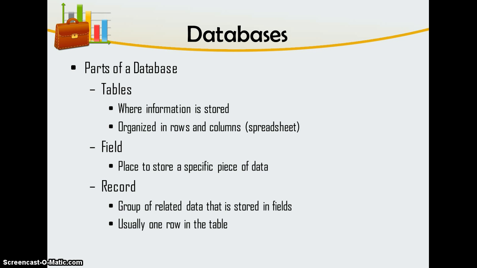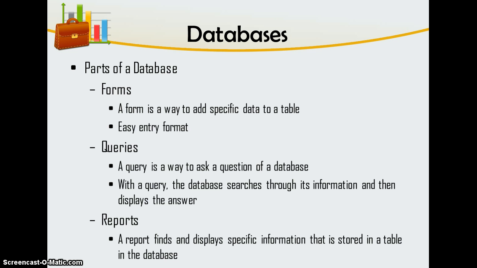So each field, like if you're doing your customer's contact information, name would be a field, address would be a field, city would be a field, and so on. And then all those fields together would make up the record for that individual. So the record is the group of related data that is stored in fields. So one person's name, address, telephone number, city, state, zip makes up one record. And that's usually, when we look at the table view, an entire row in the table.